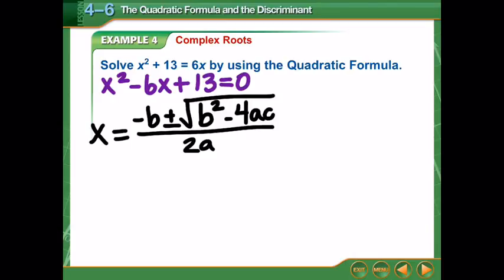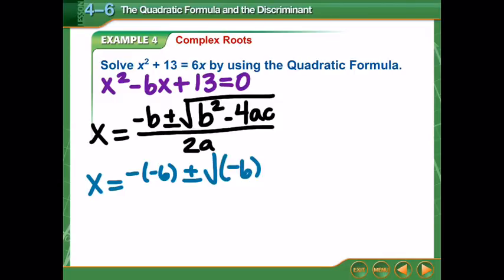Okay, so if I plug in, x is going to equal a negative 6 plus or minus the square root of negative 6 squared minus 4 times 1 times 13.